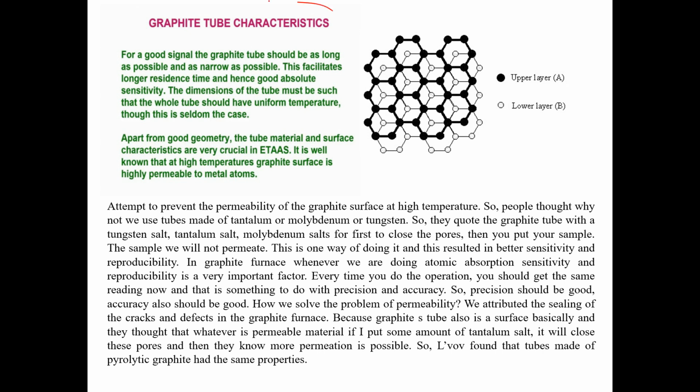These are some graphite tube characteristics. In the instrument configuration we need a graphite tube as long as possible, because we want the free atoms to remain for a longer time in that tube for better analysis. That can affect the sensitivity also, right?